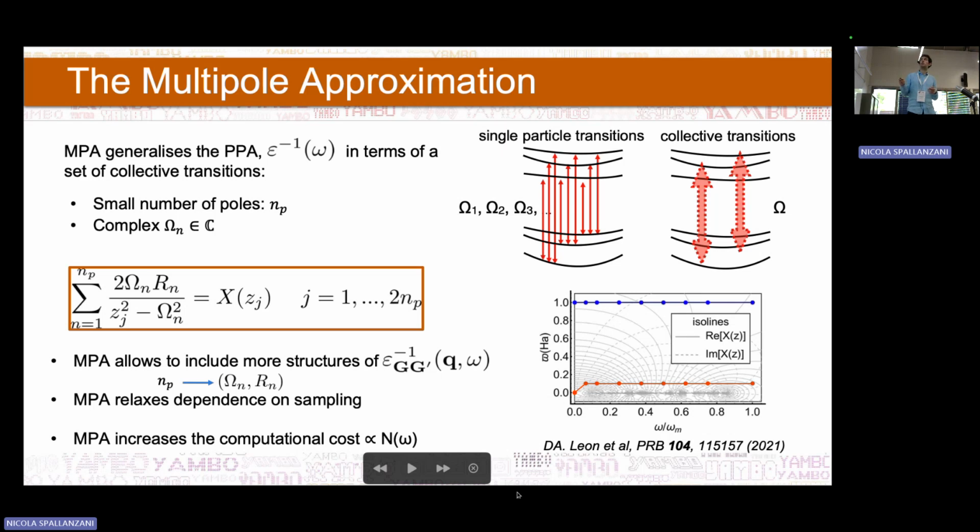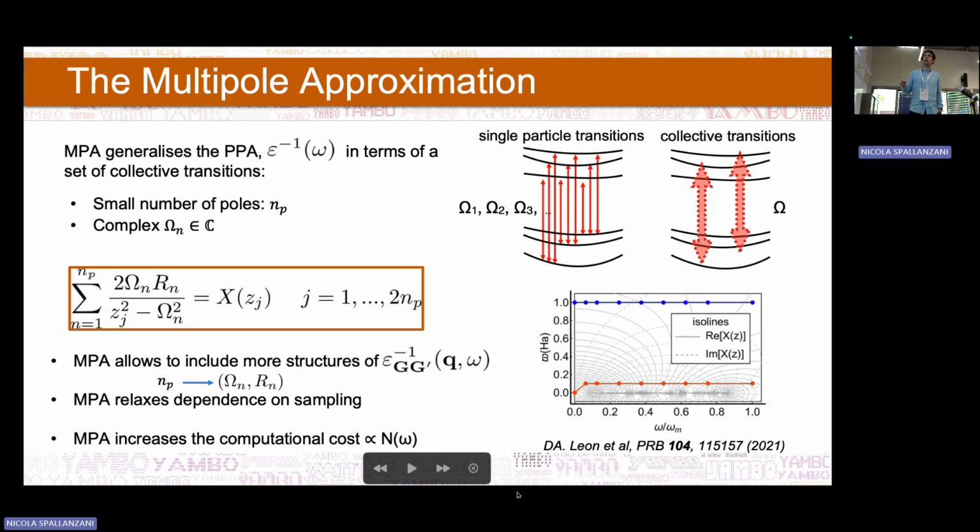And to determine the frequency of these collective motions, you need 2 times the number of modes you want to consider, so 2 times NP. For all these couples of sampling frequencies, because this is the strategy, you can explore the complex plane to determine these modes.